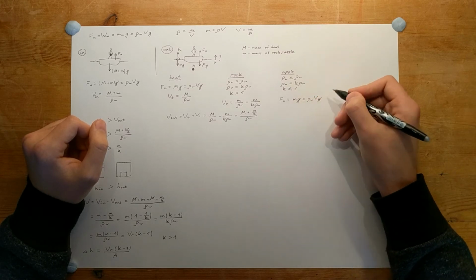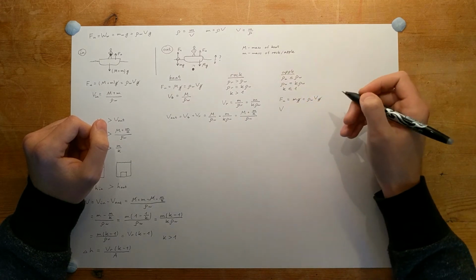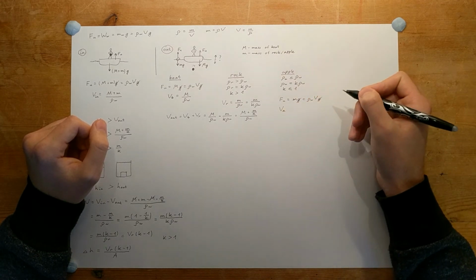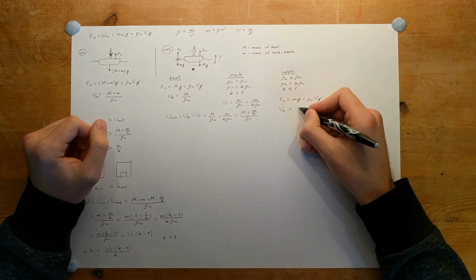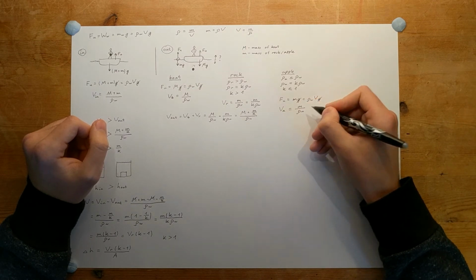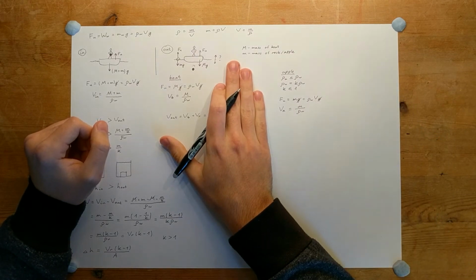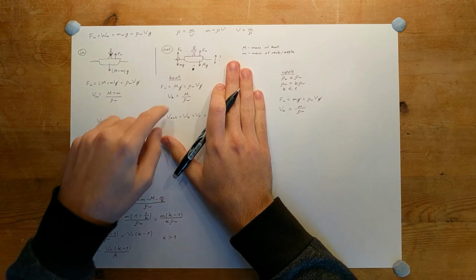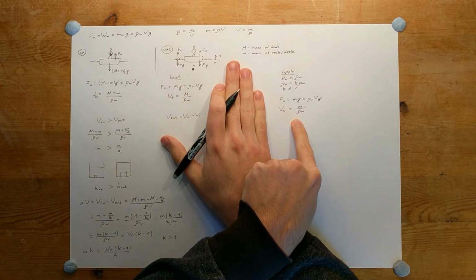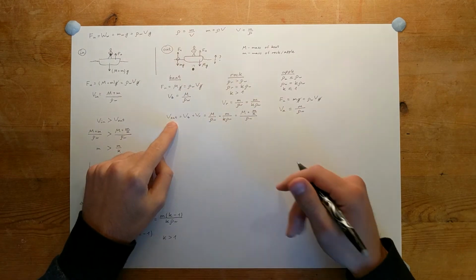And again we can cross out the g's, and what we get is the volume displaced by the apple is equal to the mass of an apple over the density of the water. So now we don't consider the rock, we don't have a rock, what we have is only the boat and an apple. And we need to add these two volumes together as we did with the rock.